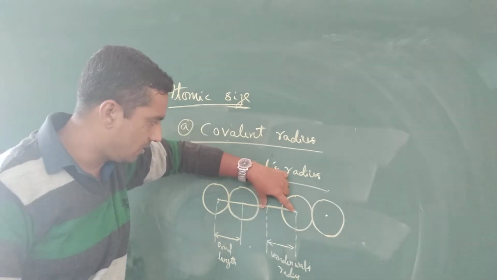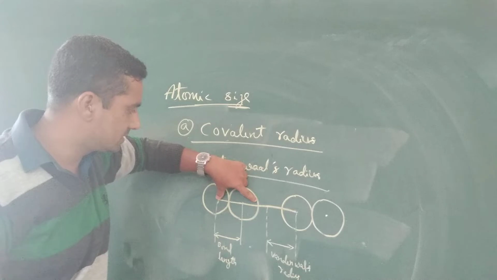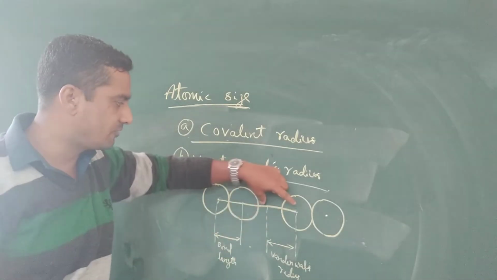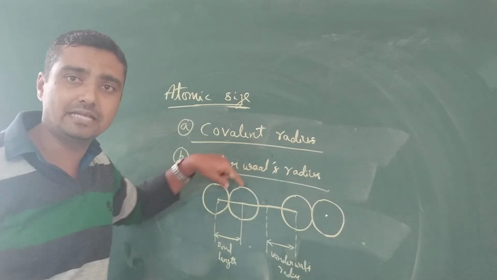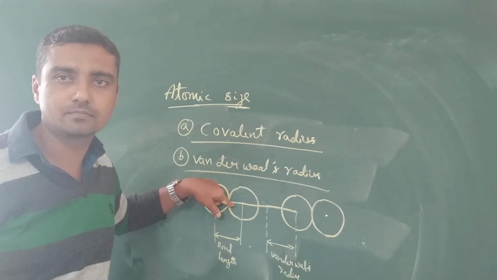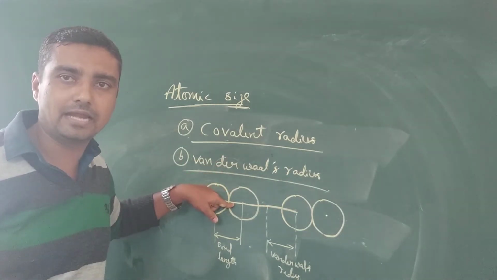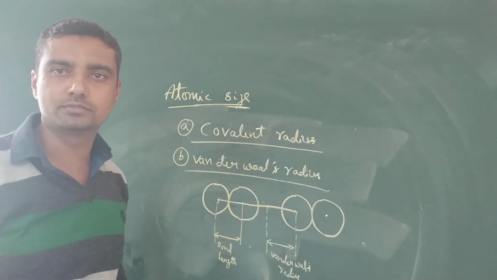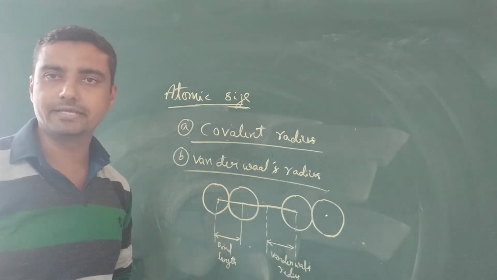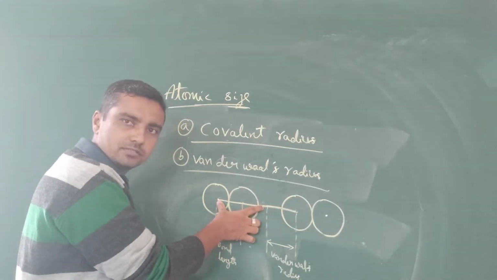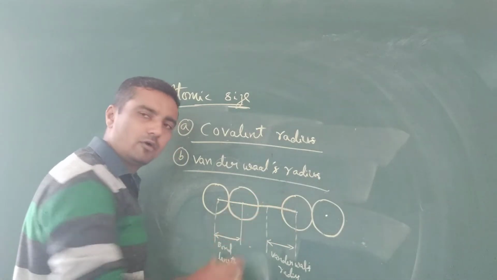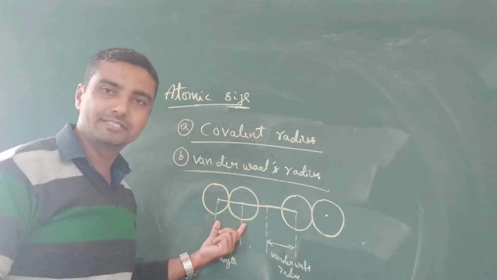The one half of the distance between the two nuclei of adjacent identical atoms of neighboring molecules is called the van der Waals radius. We have to consider only one half of the distance. It is the neighboring adjacent molecule.